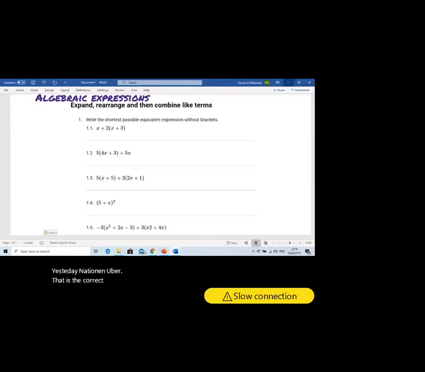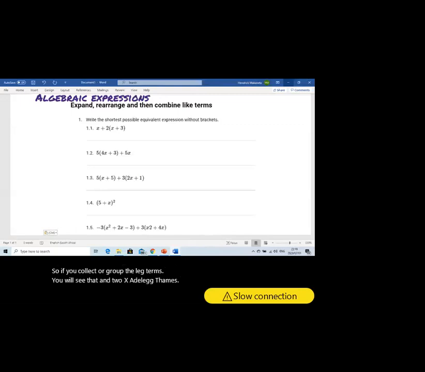If you have to write the shortest possible equivalent of the expression. So basically, what Tinashe has done, Tinashe was able to multiply 2 by x in order to get 2x. And then 2 times 3, of course, gives you 6. So if you collect or group the like terms, you will see that x and 2x are the like terms.